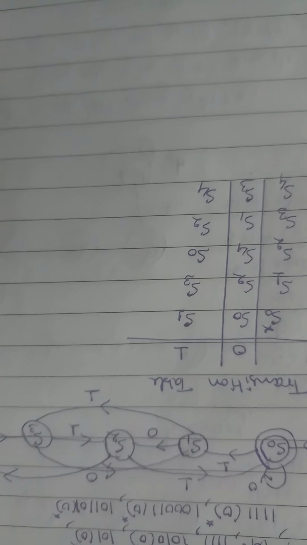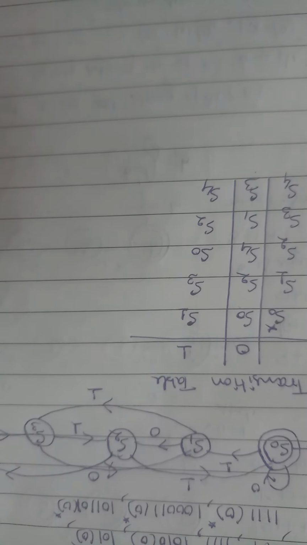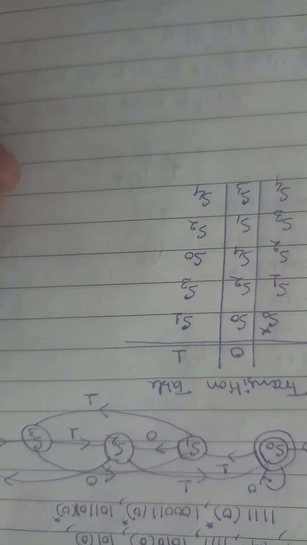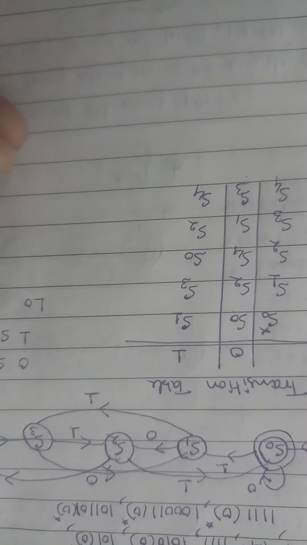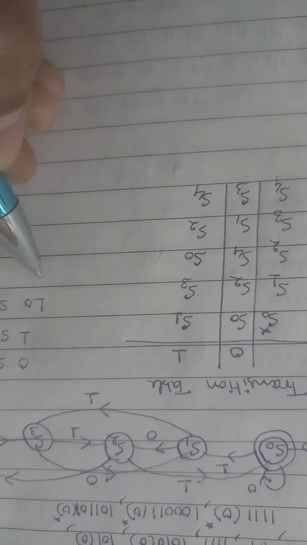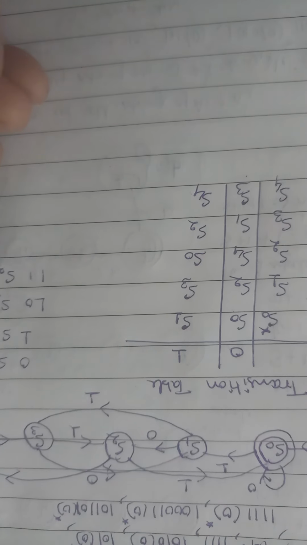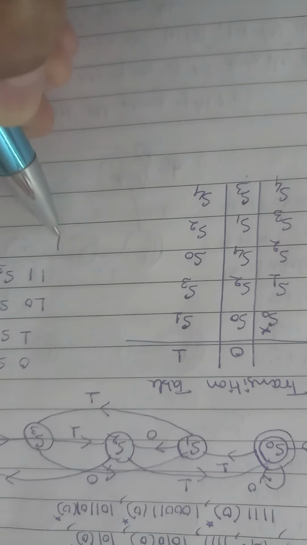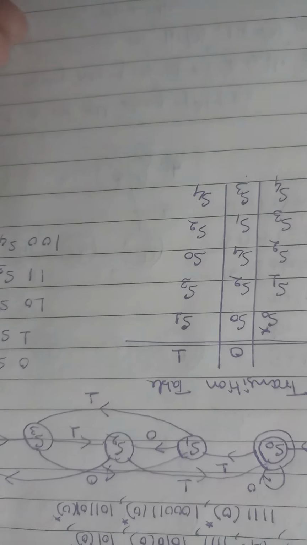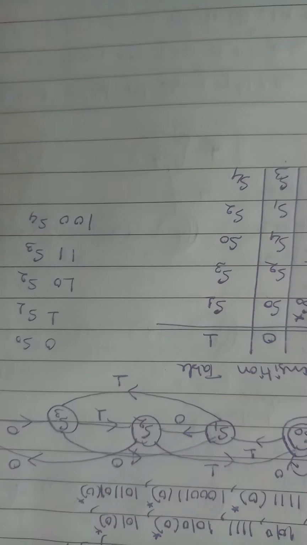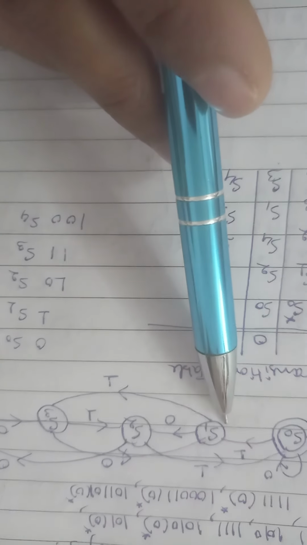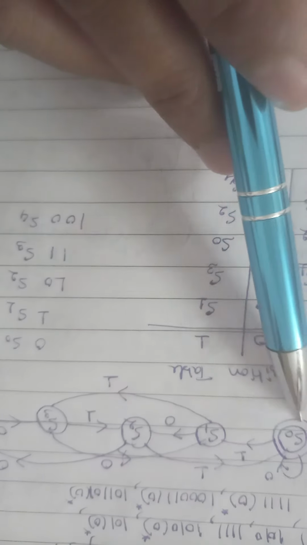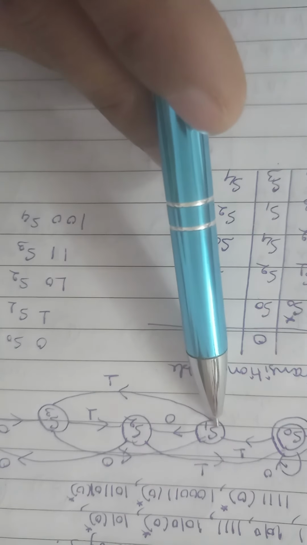So how can we cross check that it is correct or not? From 0 we start at S0, and for 1 we say S1, for 1 0 we can say S2, for 1 1 we can say S3, and for 1 0 0 we can say S4. How can we cross check? See, from S0 to S1, what are we getting? 1.